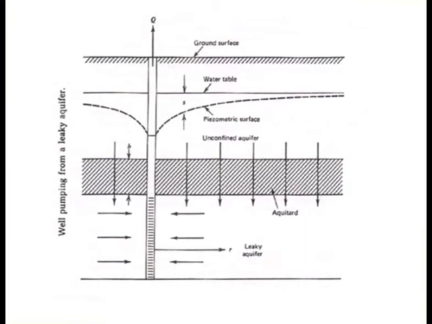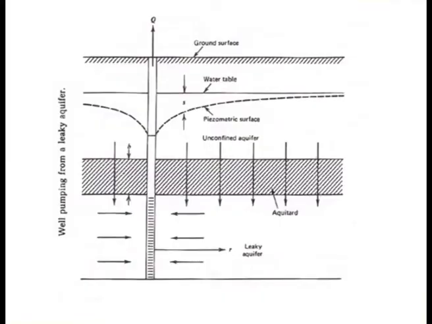The amount of water is directly proportional to the difference of the water table and the piezometric surface. This much amount is going as vertical leakage. The aquitard means sandy clay, a layer of sandy clay, that is a confining layer. So it has its hydraulic conductivity K dash and thickness is b dash.